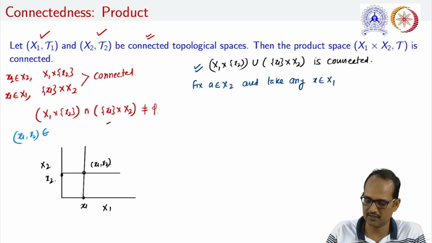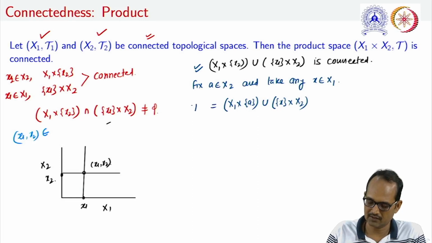That is, we are taking an arbitrary x from x1, and now take x1 cross the singleton set a. This is a subset of x1 cross x2. Union the singleton set x cross x2. Let us denote this set by Cx.